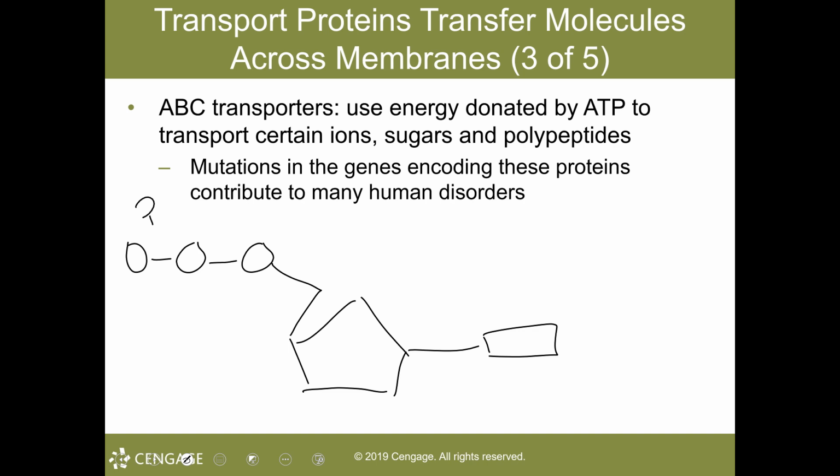And just as we learned back with nucleic acids, there's that pentose sugar with those 5 carbons, 1, 2, 3, 4, 5 carbons. And they transport certain ions, sugars, and polypeptides. In the event that there are any mutations in the genes that code for these proteins, they may contribute to a number of disorders.